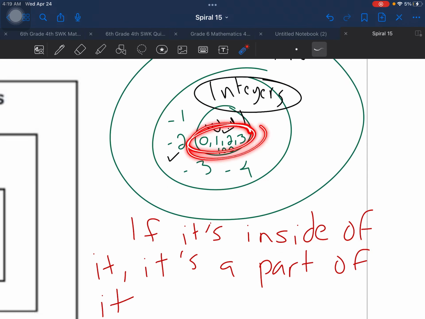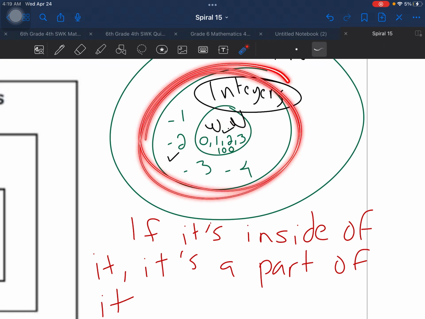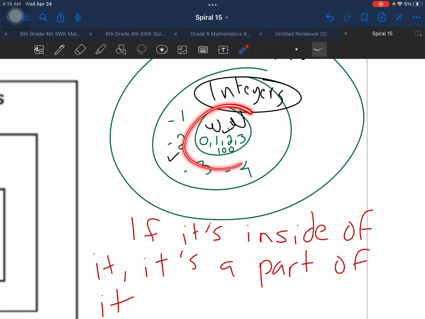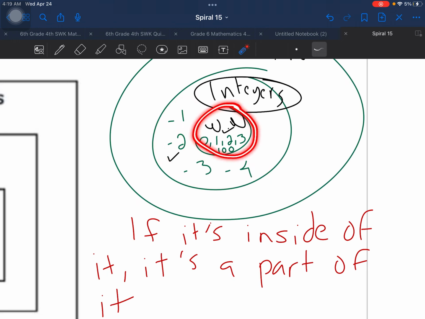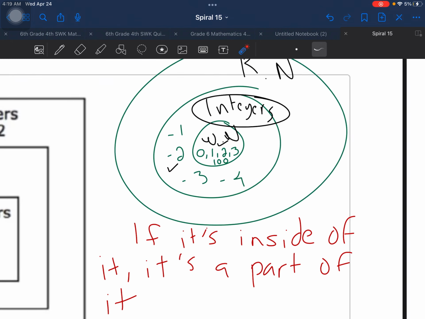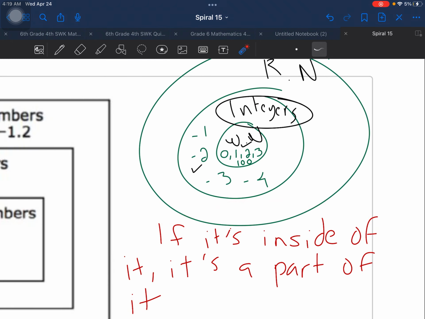So, all of these numbers are inside of the integer circle. That means all of these numbers are also integers. But as you can see, the negative numbers are not inside of this circle, so they are not whole numbers. They are not counting numbers, obviously. So if it's inside of a circle, it's a part of the group.